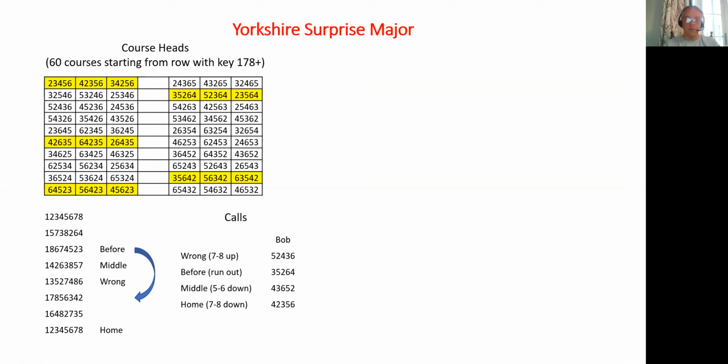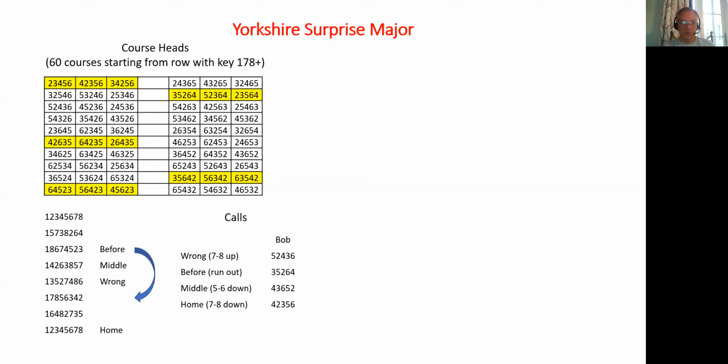But when we're looking to put together a composition of Yorkshire Major, we need to just go through looking at where the calling positions come, because the place spell order is different to plain bob that we were looking at before. The calls come in a different order. The before call, which is the one that you call when the tenor was about to become second place spell and it runs out, in Yorkshire that actually jumps you forward 3 leads. So you end up with a course which is only 4 leads long.